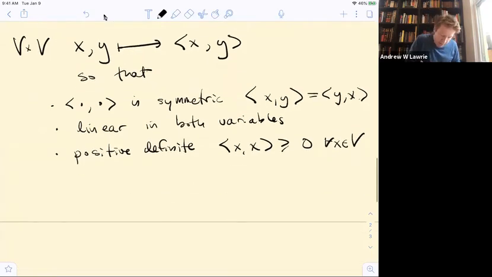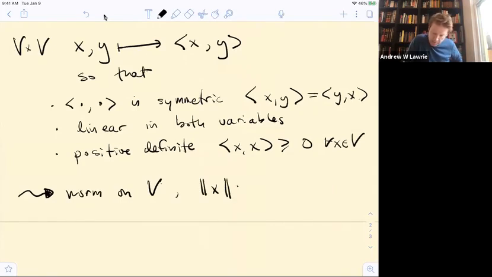Once we have an inner product, we can also endow V with a norm. An inner product gives a norm on V. The norm of x is defined to be the square root of x inner product with itself. So once you have an inner product, you have a notion of the length of a vector on your inner product space.